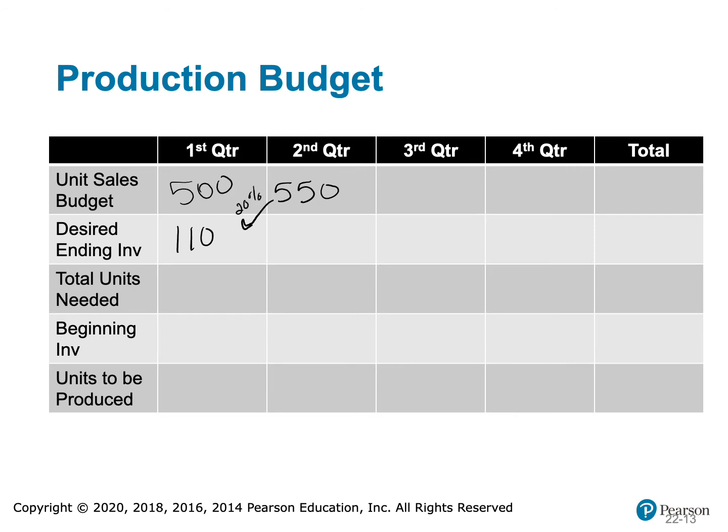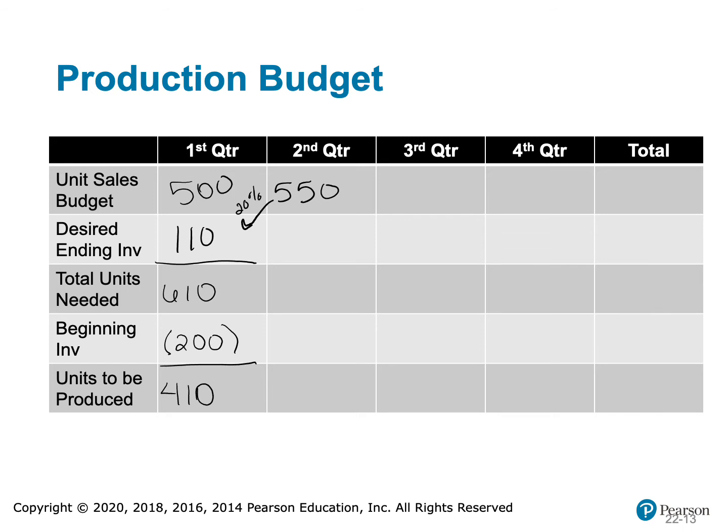Okay, so we're going to make our 500 tablets that we expect to sell in quarter one, plus we want to make an additional 110 tablets so that we have those on hand to start quarter two. So that means in total, we need 610 units. Now, if you remember though, we already have 200 units on hand. We don't have to make those, we already have those on hand. So I'm going to subtract those 200 units, which means I need to make 410 units in quarter one.